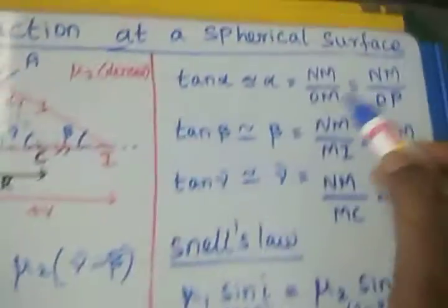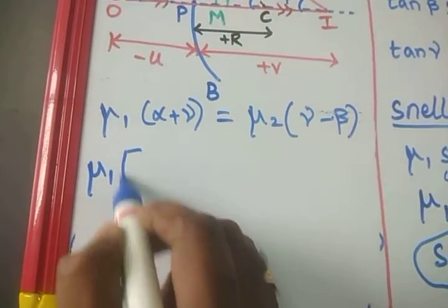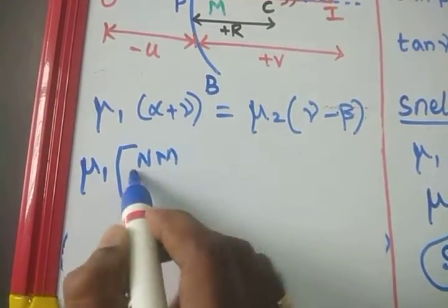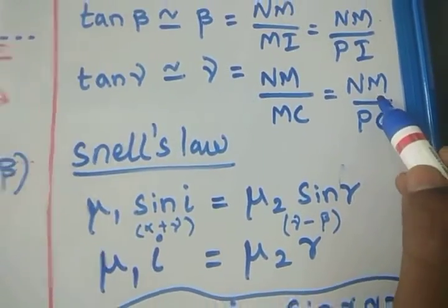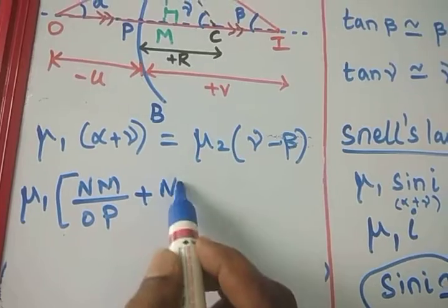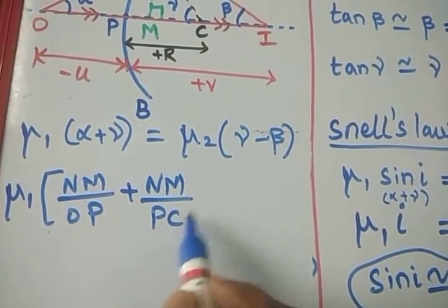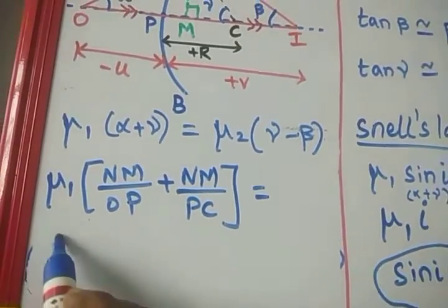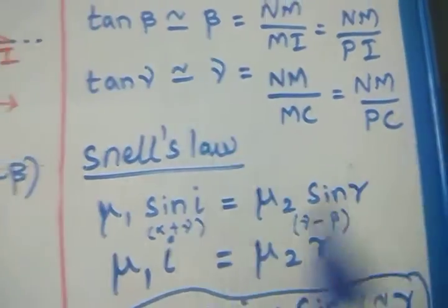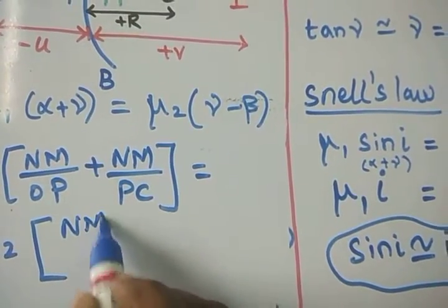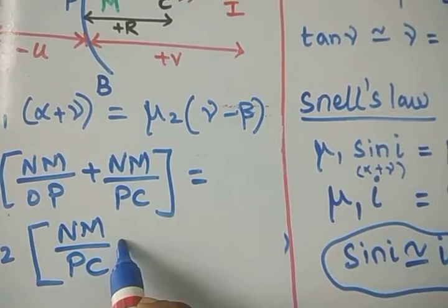So what is alpha? Alpha is Nm by OP. So mu1 into Nm by OP. What is gamma? Gamma is Nm by PC, plus Nm by PC, which is equal to mu2 into gamma, Nm by PC, minus, what is the beta value?